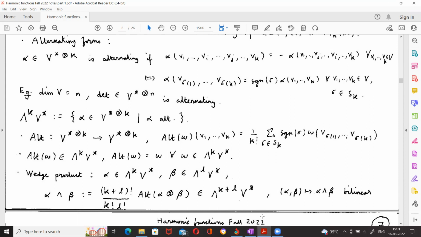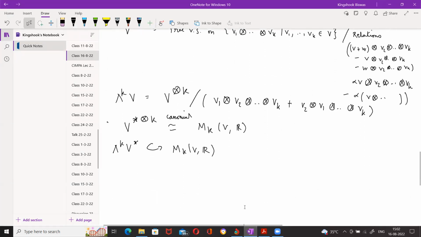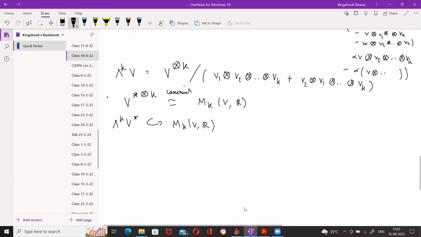So this is a very simple thing. You see, we have, well, there are two actions actually, of the symmetric group on V star tensor k, which I'm thinking of as the multilinear functions M^k(V, R).